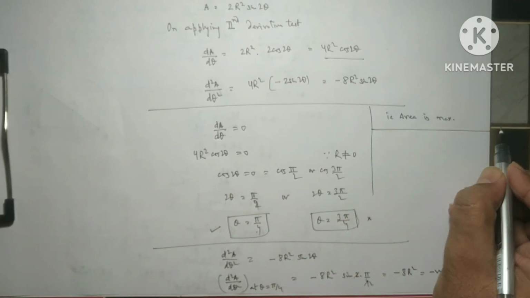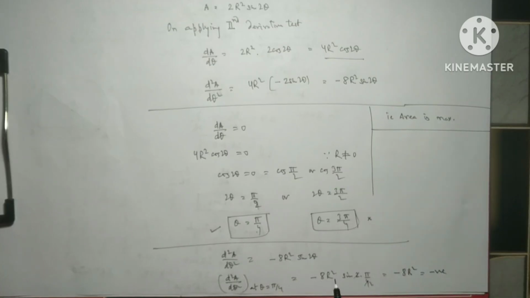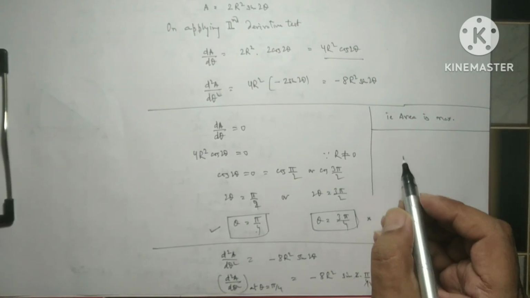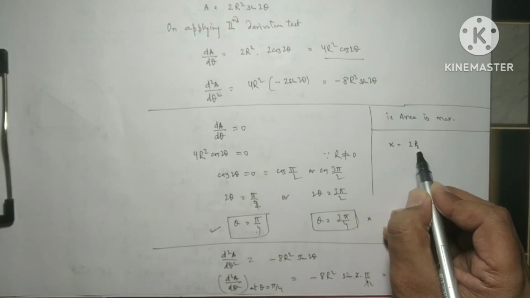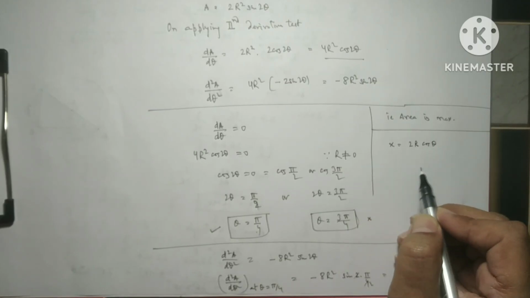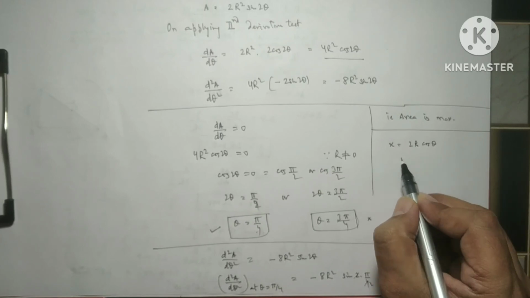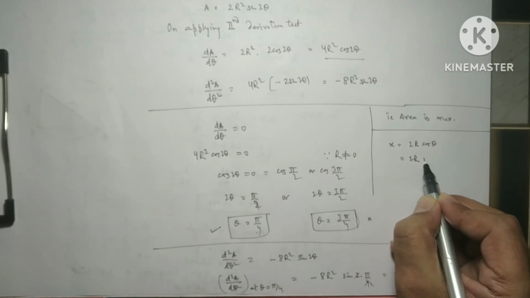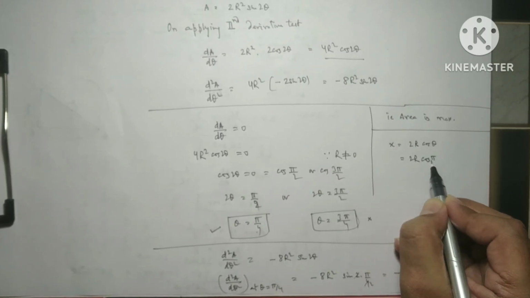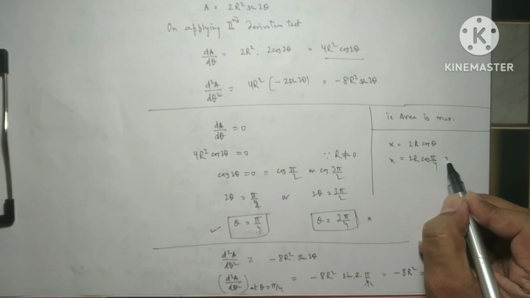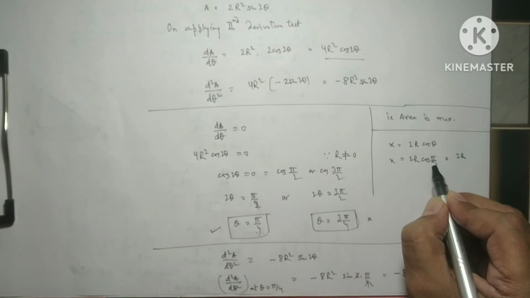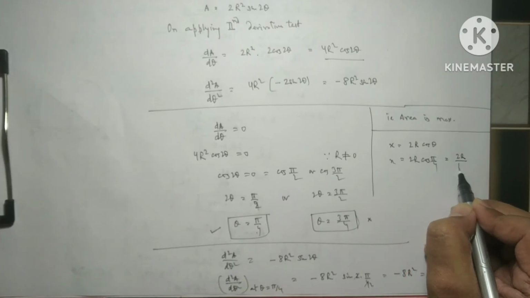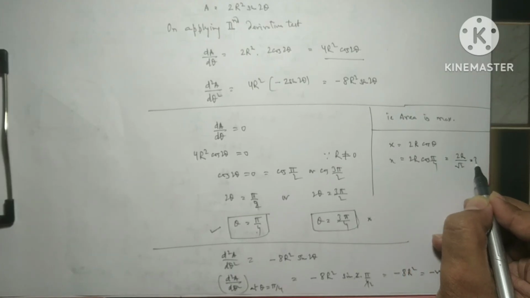But one more condition, it should be a square. So the value of x is 2r cos θ. It means 2r cos π/4, that is 2r and this is 1 over root 2, so it is root 2 r.